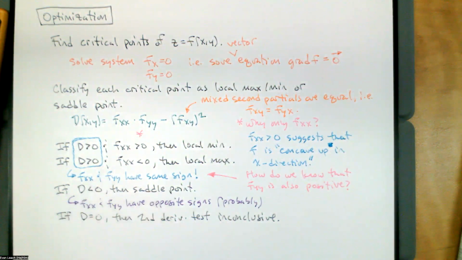This is a strong indication that fxx and fyy have opposite signs. So we've got a critical point where in the x direction it's concave up, and in the y direction concave down. Different concavities in each direction.